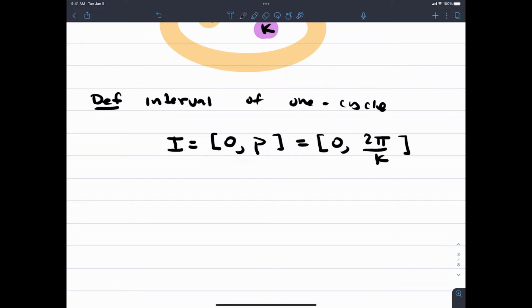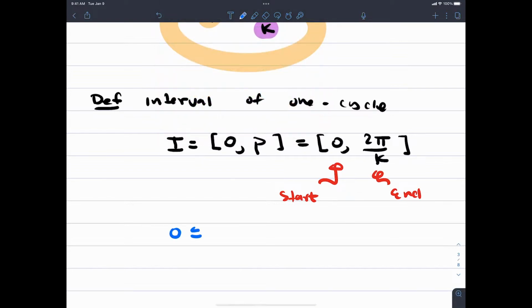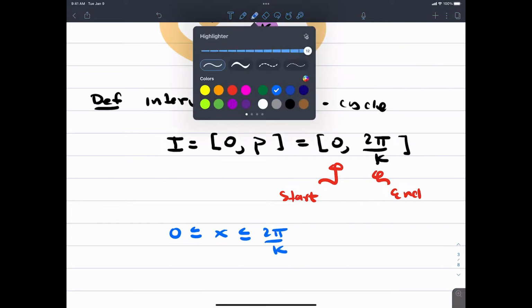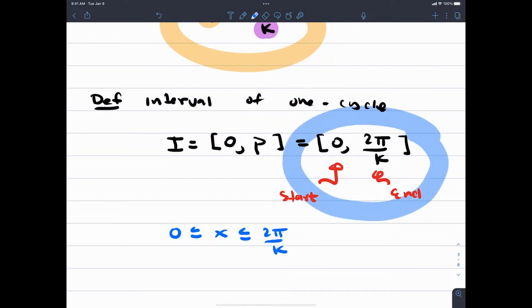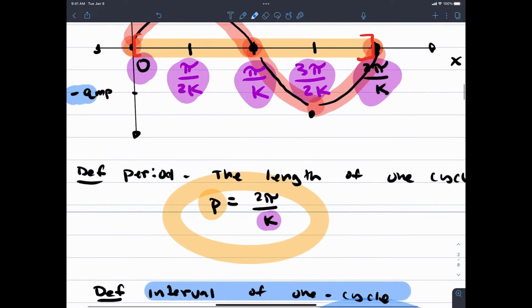So what we mean by that is you start at 0 and you end at 2 pi over k. So what this is really saying is that the values of x are going to be between 0 and 2 pi over k. So this is what they also ask for you in general, is the interval of one cycle here. Okay, so that's the definition of your interval of one cycle in general.